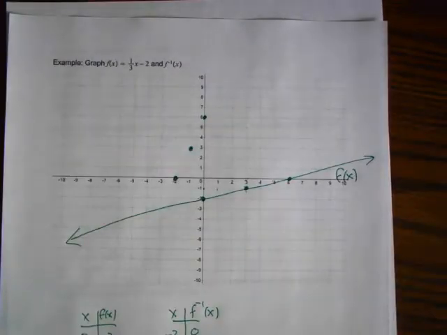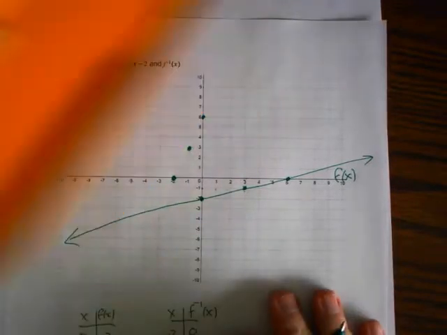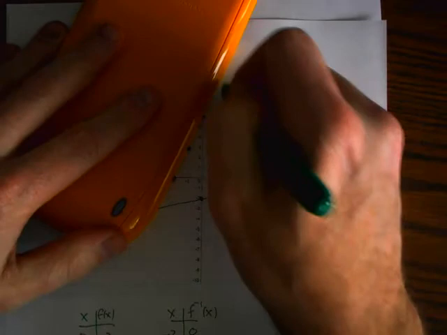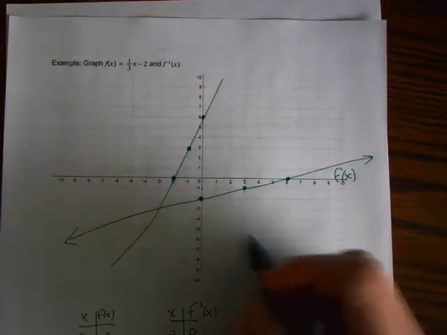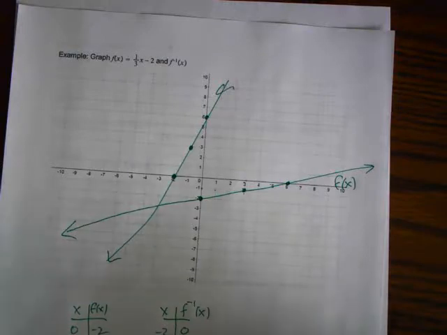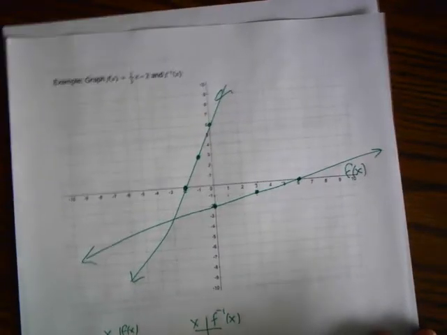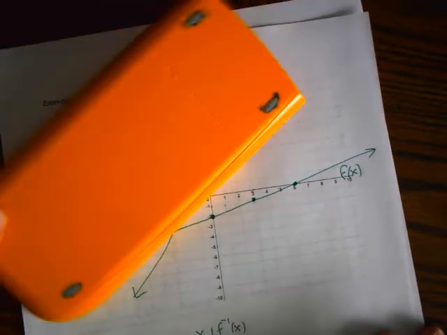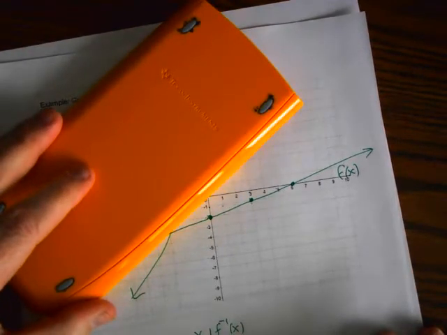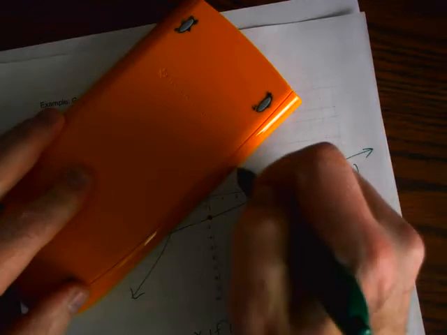All right, so I'm going to try to make this one a little bit straighter. Use my calculator cover here. Ooh, it looks like that. I got off my cover. All right, so what we were saying is it's a reflection. So if I had done this better, and I drew the line y equals x, it would be this line.